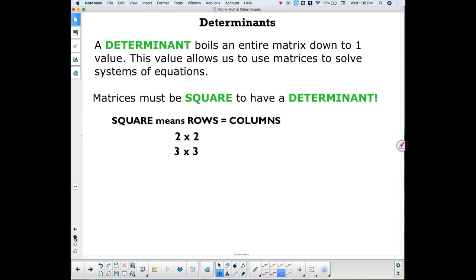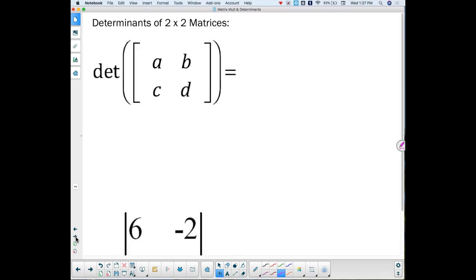By square, the rows have to equal the columns. If it's a square matrix, we can find the value of the determinant, and we can use that to solve systems of equations. Okay? Kicker, gotta be square.